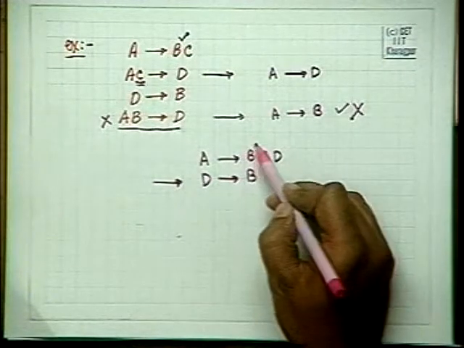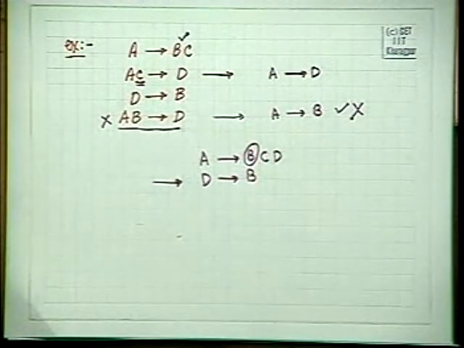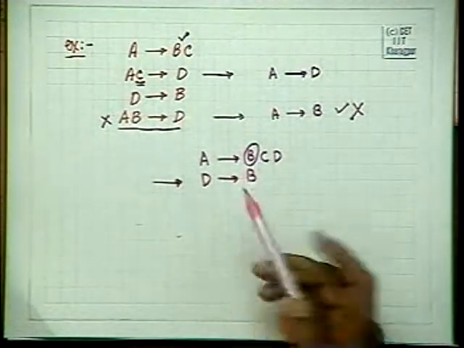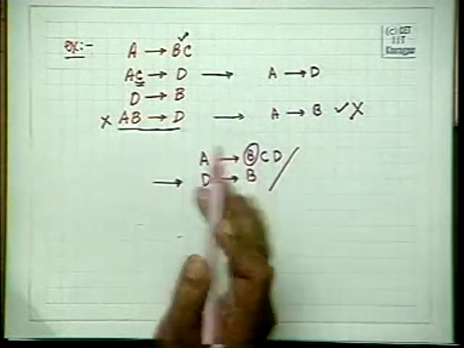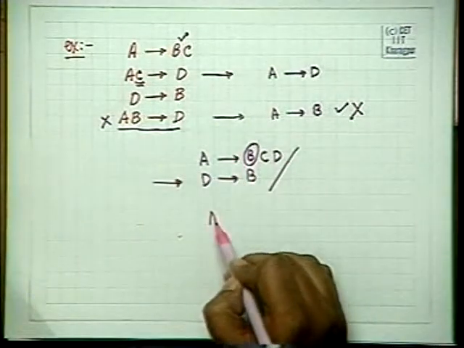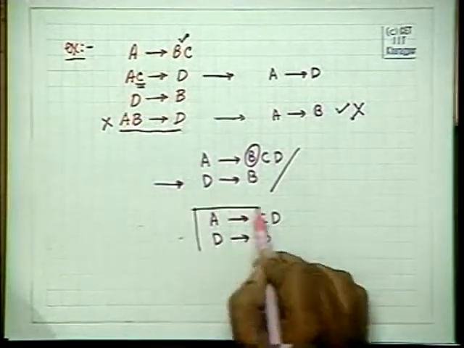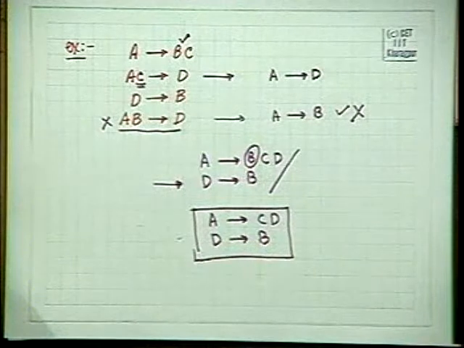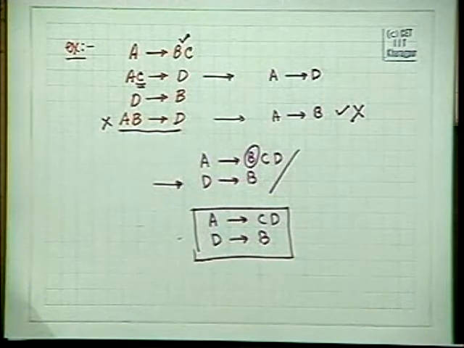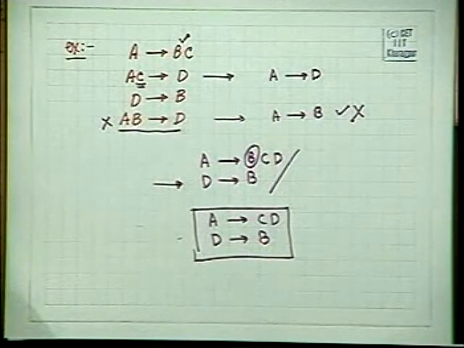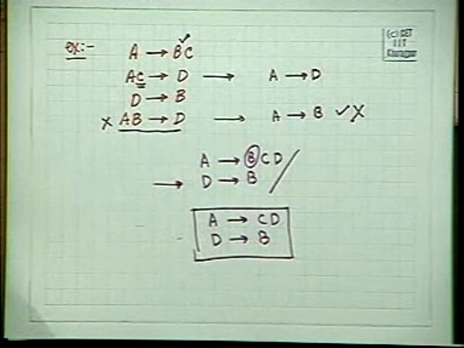We can now also remove B, because A goes to D, D goes to B, therefore B is removed. So after removing the right hand side, we can now remove the left hand sides and say this is our canonical form, or this is the minimal set of attributes. And the minimal set of attributes is useful because that is sufficient to express all our information regarding functional dependencies. We will see the use of functional dependencies in a different form in the next class.